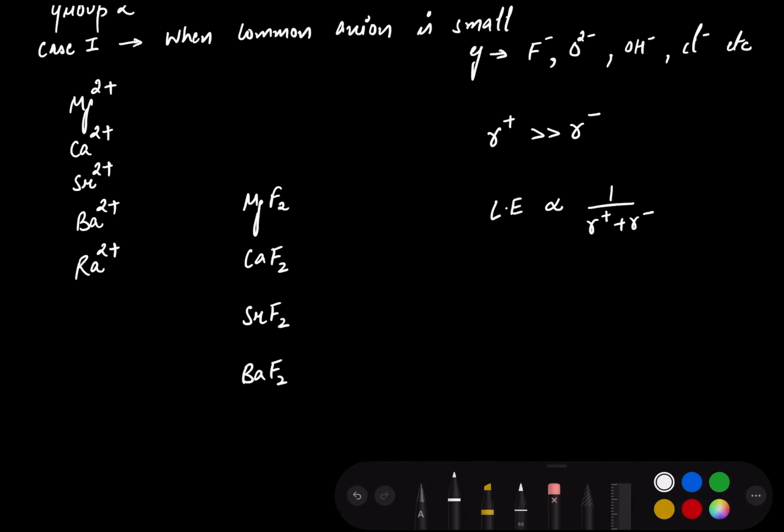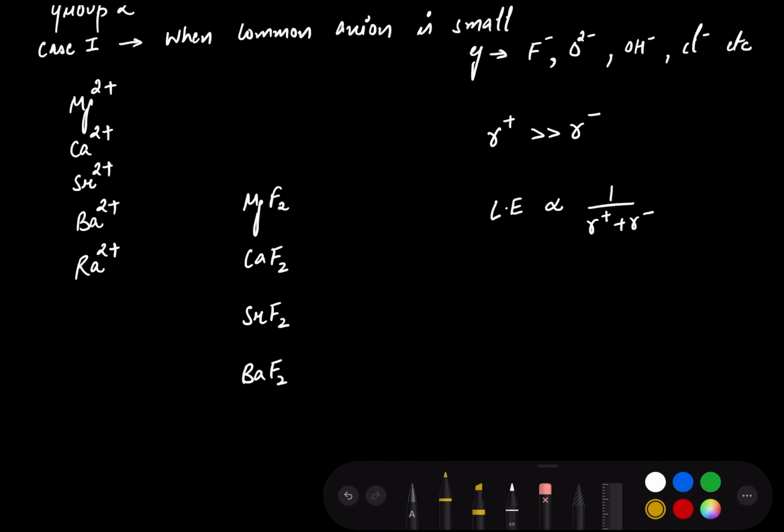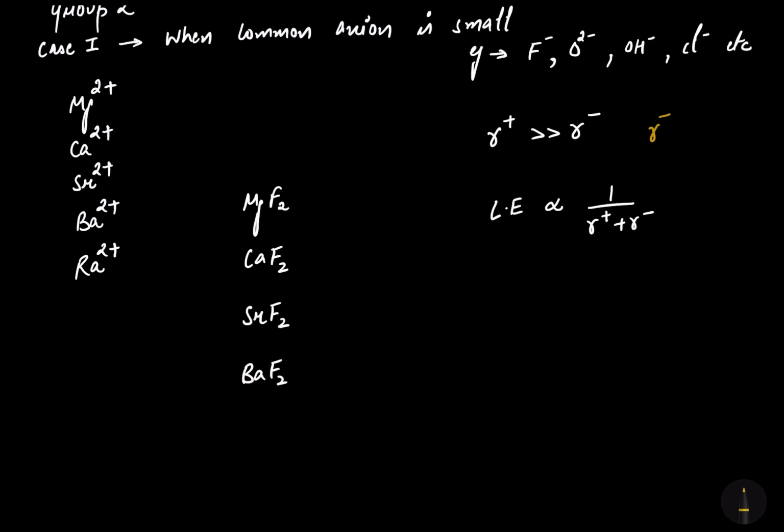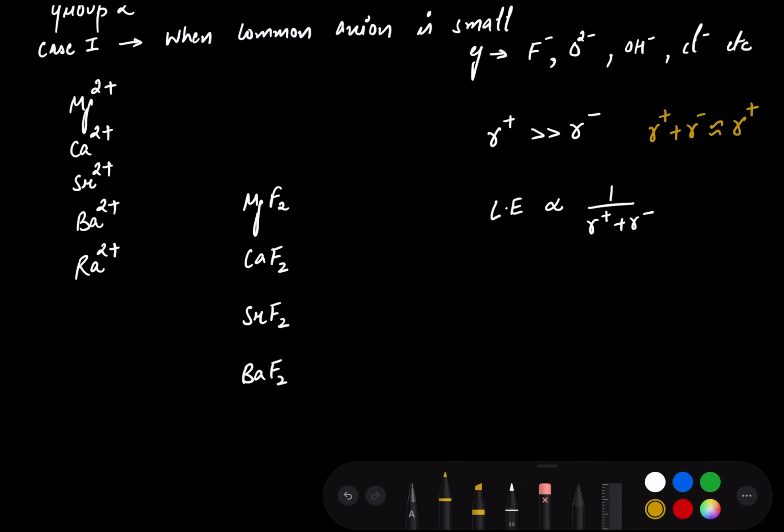Now, as the radius of anion is very small compared to the radius of cation, the sum of the radius of cation plus radius of anion will be approximately equal to the radius of cation only.